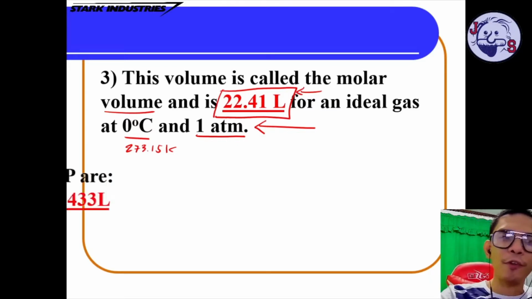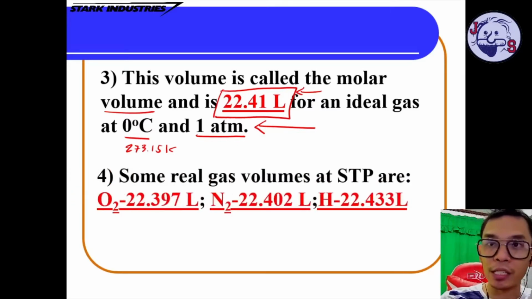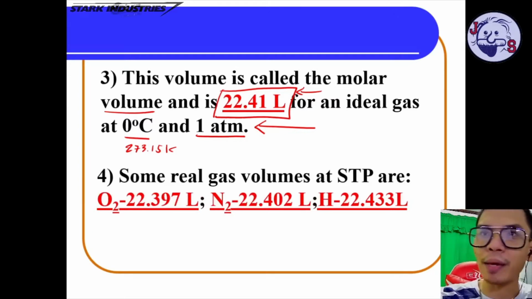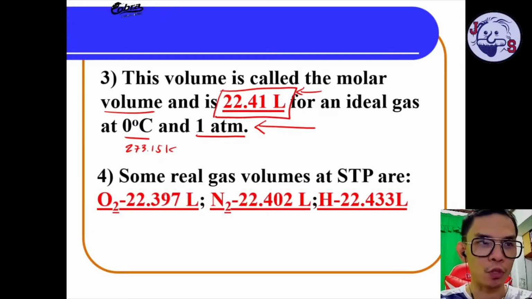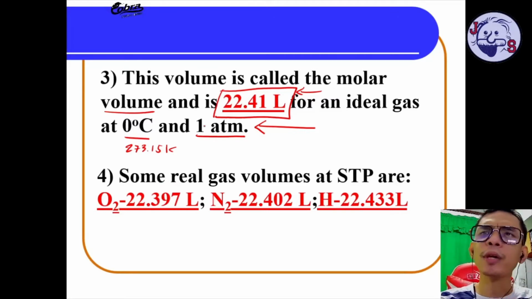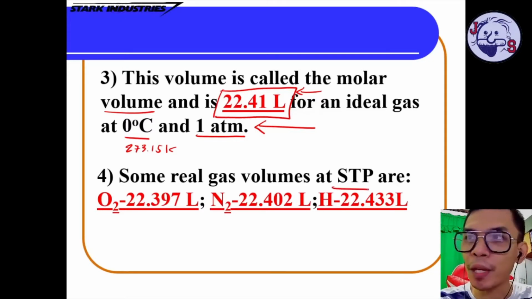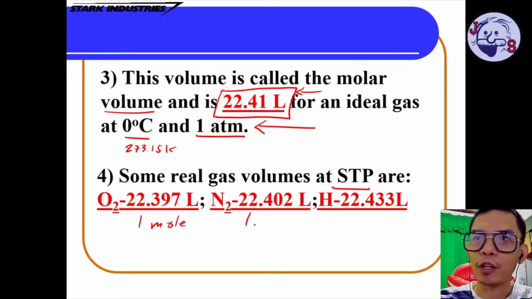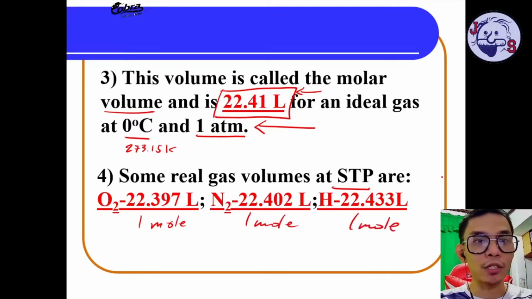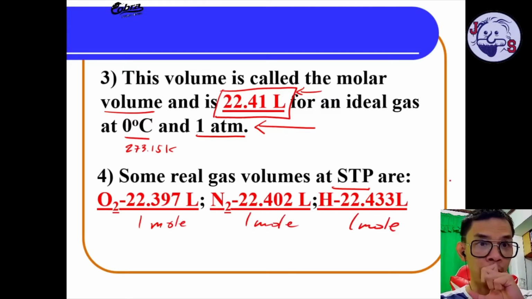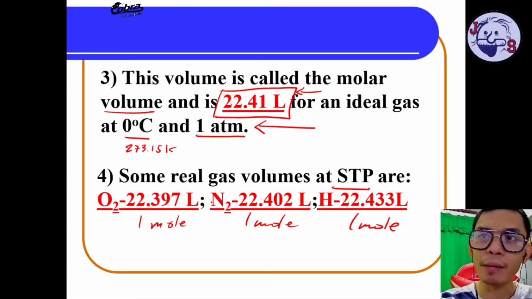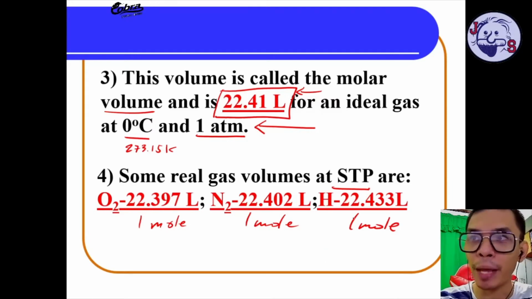So the fourth one is that some real gases at STP contain the same amount of molar volume. As you can see here, oxygen gas, nitrogen gas, and hydrogen gas at STP are all 1 mole each. They have the same molar volume, although they differ in decimal places.